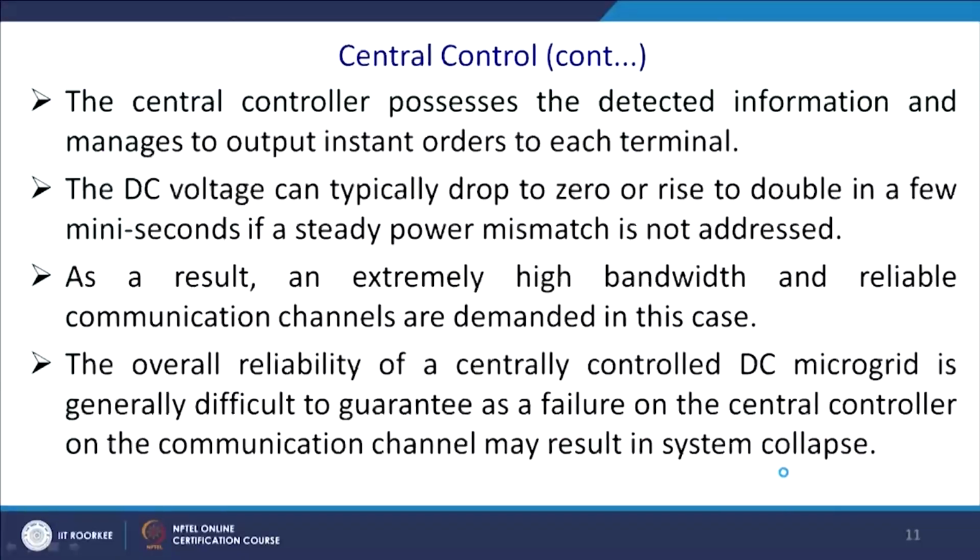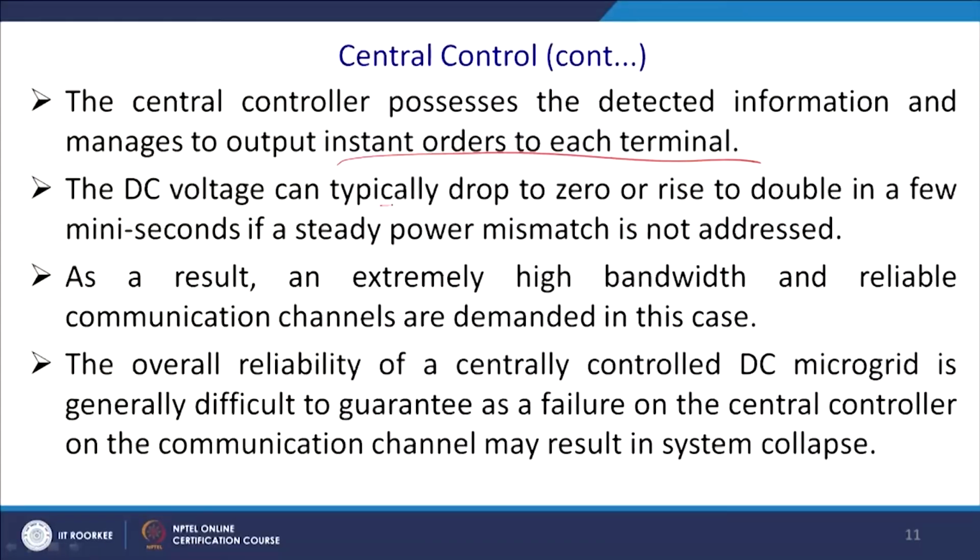Now, the central control processes and detects the information and manages the output instructions to each terminal. So, there will be a time delay system, because what you get, you process it, you send it back. That is one of the aspects that researchers can think of. This is a particular example: a DC microgrid with a central control is a time delay system.